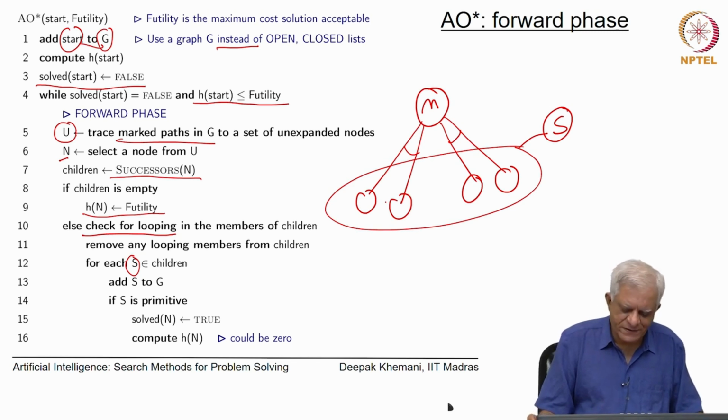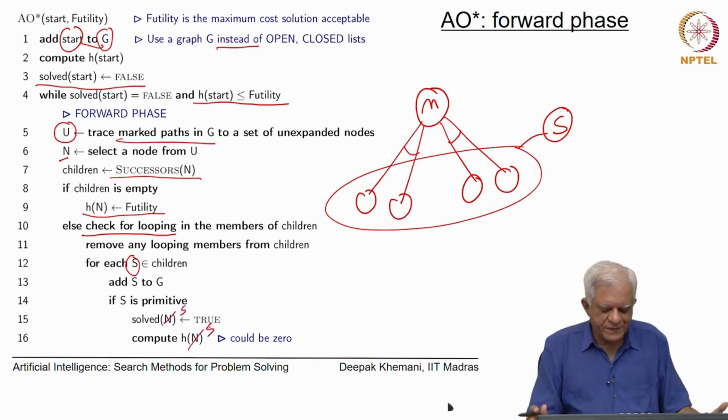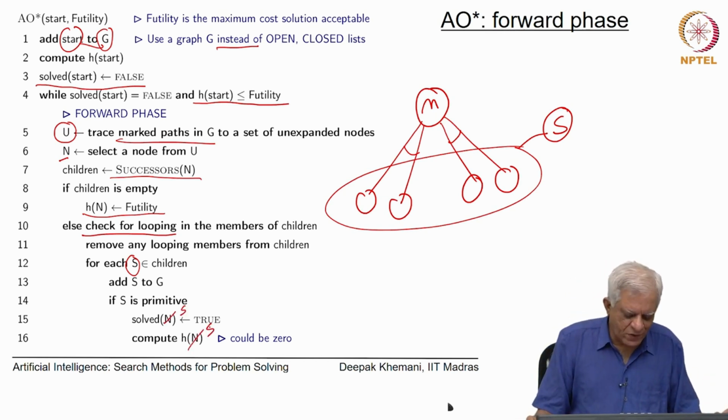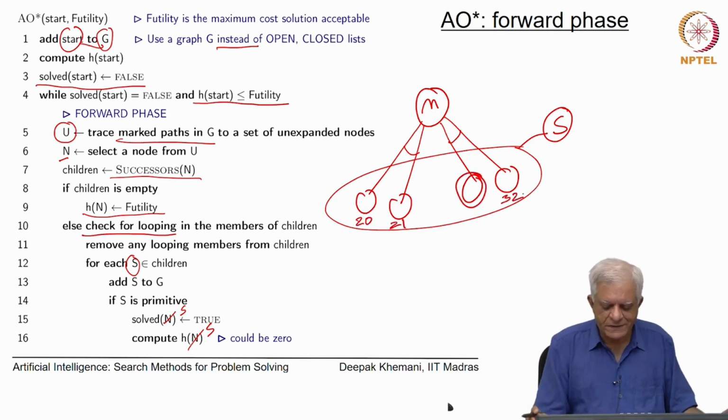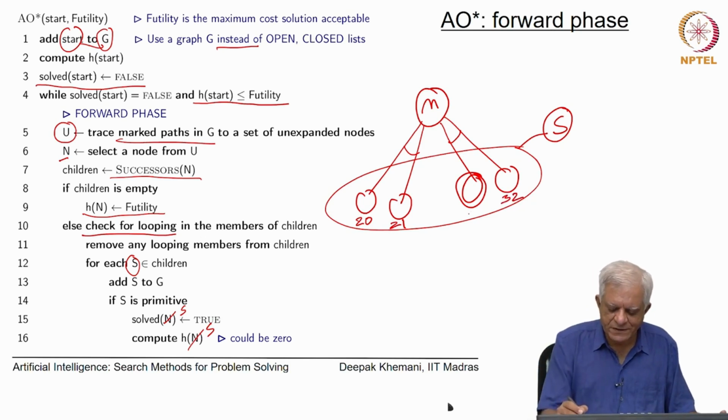If that node is a solved node, then we say that solved of that node is true. So, if that node S is a solved node, we label it as solved, otherwise we compute its H value. So, for example, the H value of this might be 20 and this may be 21 and maybe this is solved, and maybe this is 32, whatever, and it may have a certain cost associated with that as well. So, for example, this may be 20.